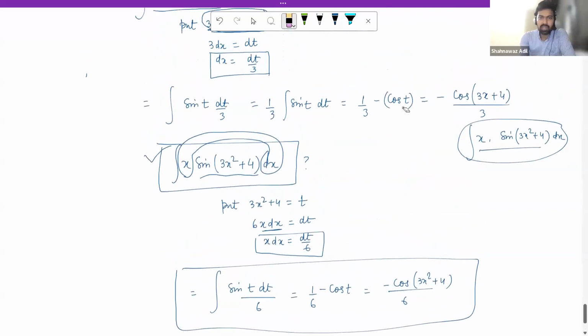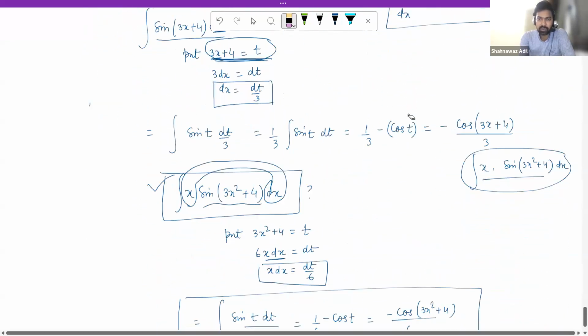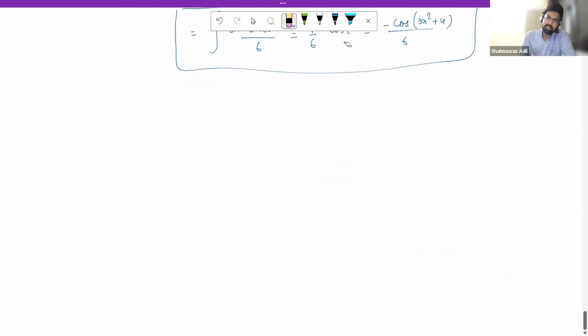Now, as you were asking how we can integrate this sine square, the idea we have to use is trigonometry, and then of course integration, right?